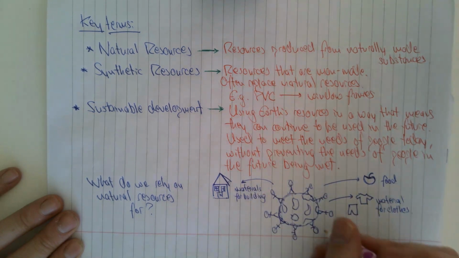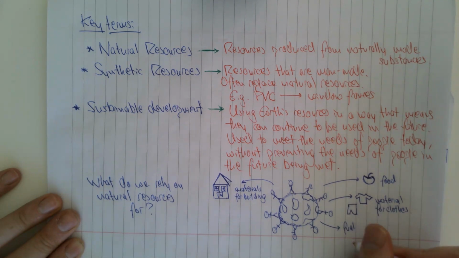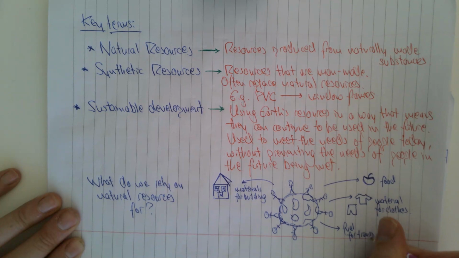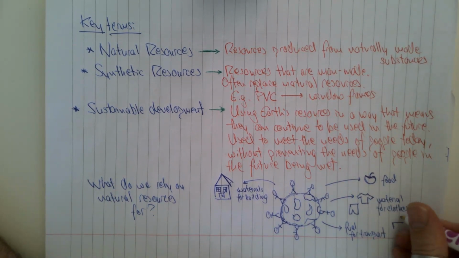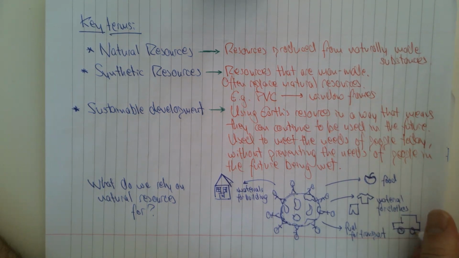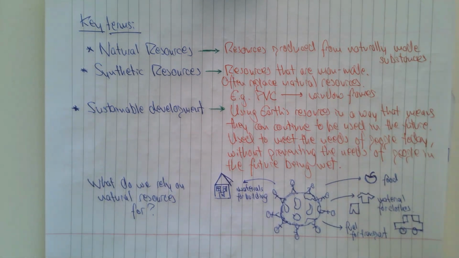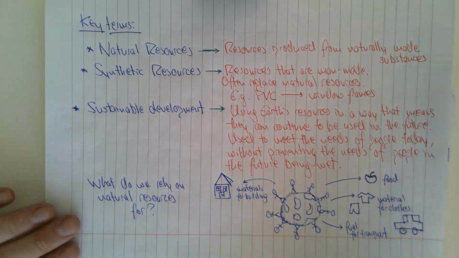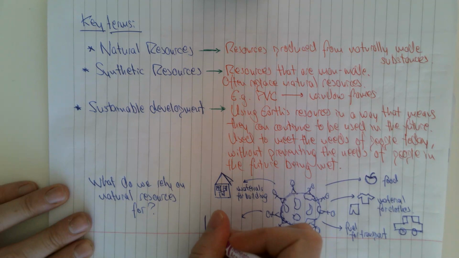Fuel for transport. Obviously, crude oil producing petrol and diesel, so important for our use of cars. But also, if we're talking about renewable resources, development of things like solar powered cars and what have you. Still, it's a natural resource that we use, and obviously, energy for things like cooking as well.